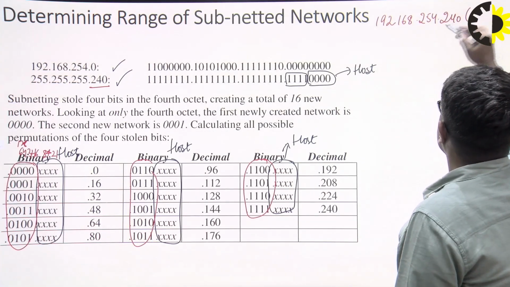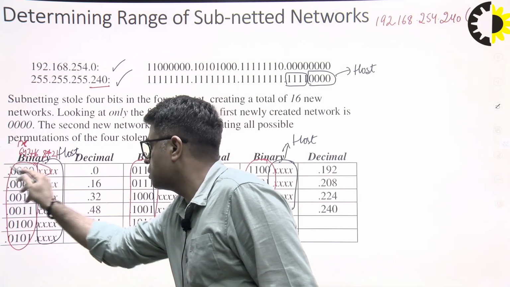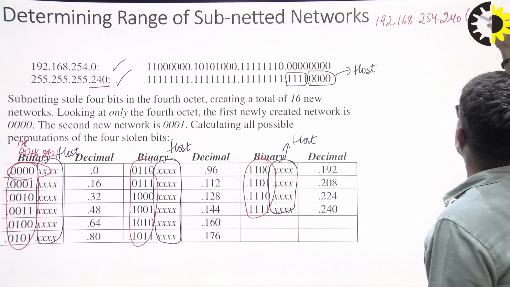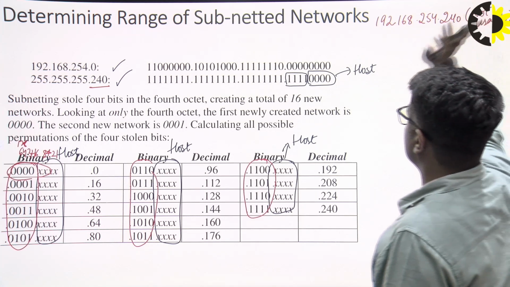192.168.254.240, but this has all zeros in the subnet bits, so it won't be usable. The network is there, but it won't be usable.